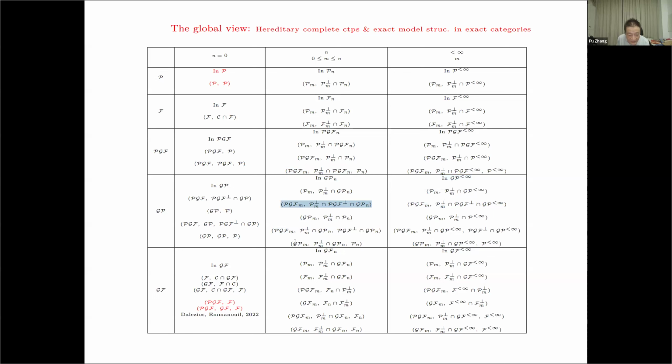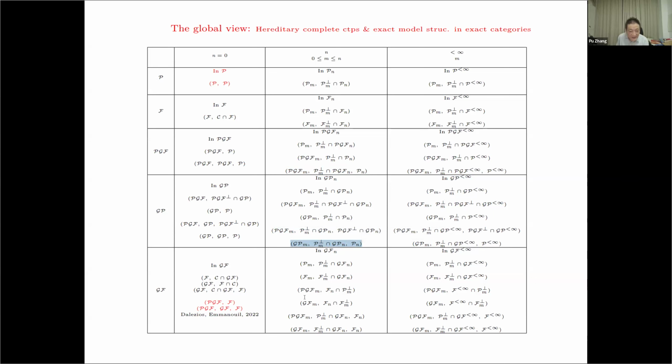This is a model structure, this is another model structure. This is the triple, and this is also a triple. It's another model structure, with two different model structures.